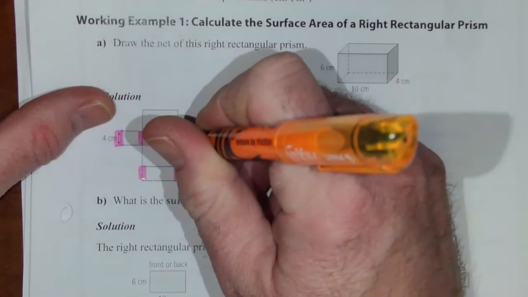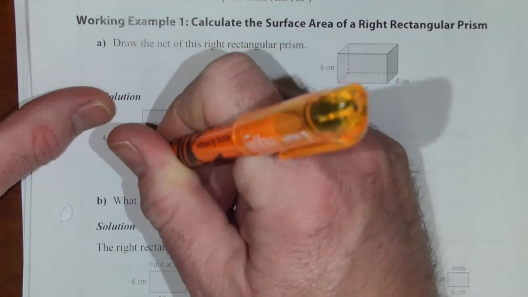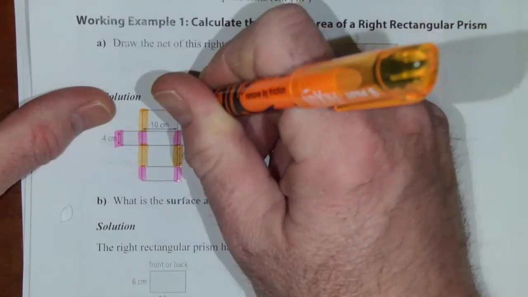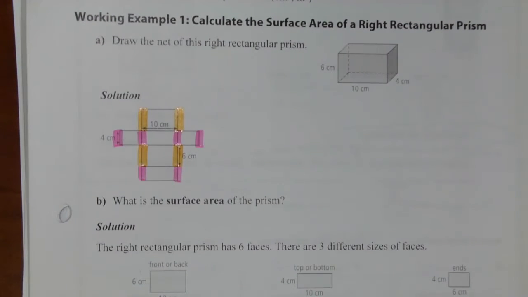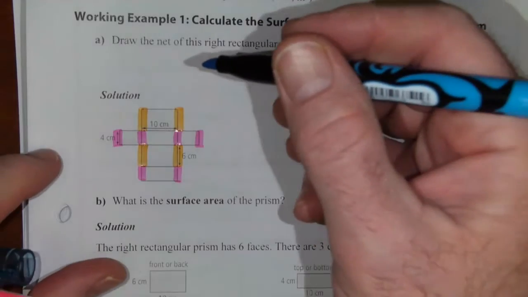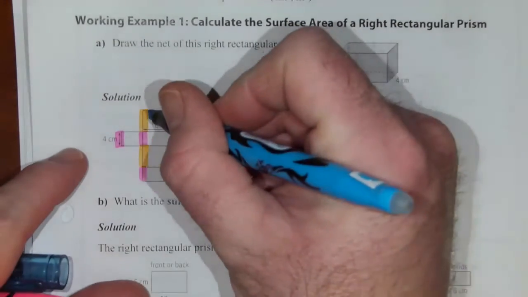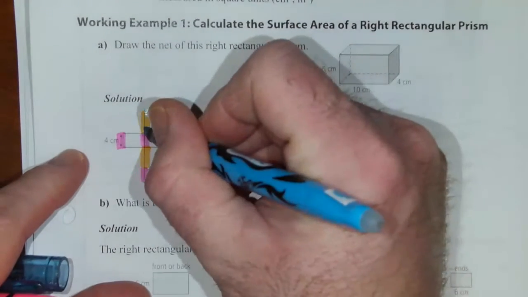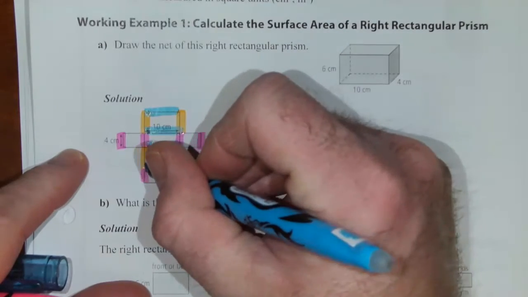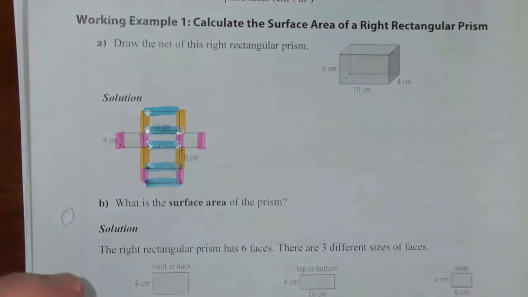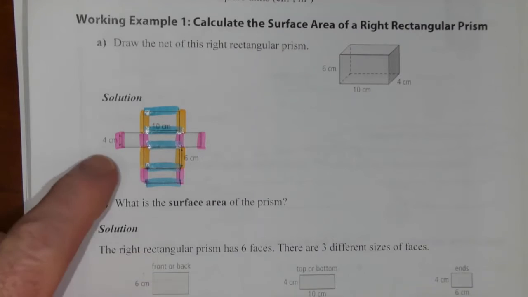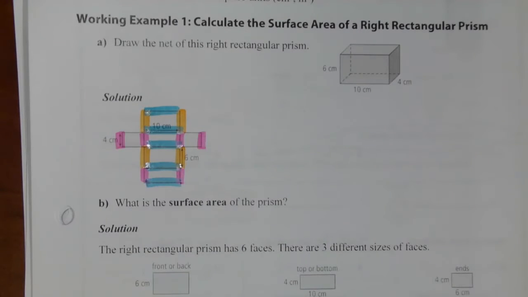Now, here's an orange line. These ones are all 6 centimeters long. Which leaves lastly, actually, that's not complete. We've got 10 here, 10 here, 10 here, 10 here, and 10 here. Those are 10 centimeter lengths. But I have these little wings here that aren't marked yet either.